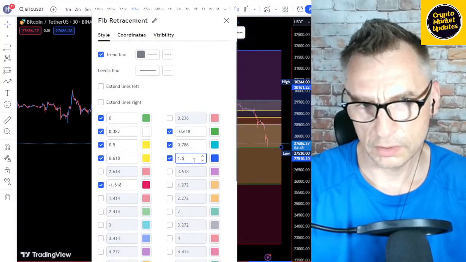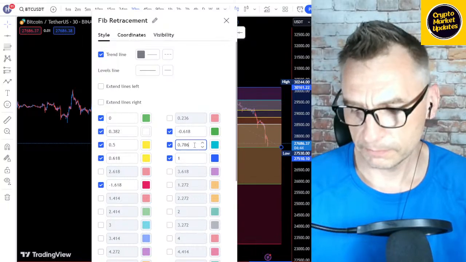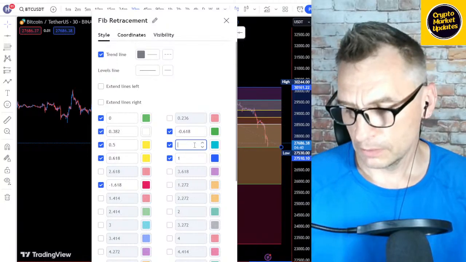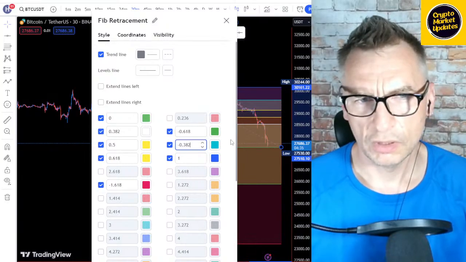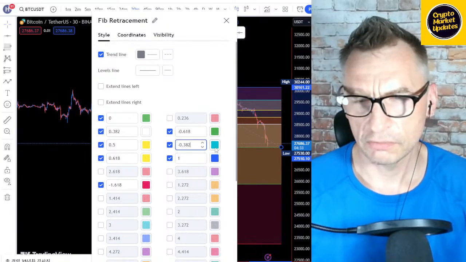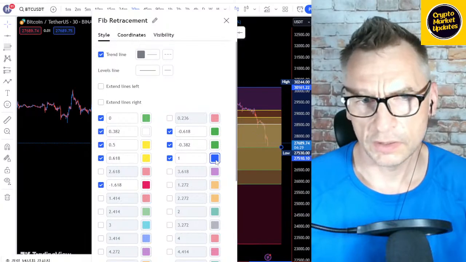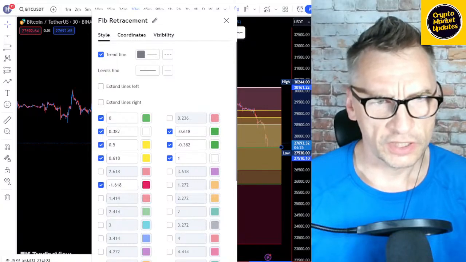This is a 1, and negative 0.382, and we'll change the colors. This is green. This one green, and this one will be white. Okay, you can save this as a template.